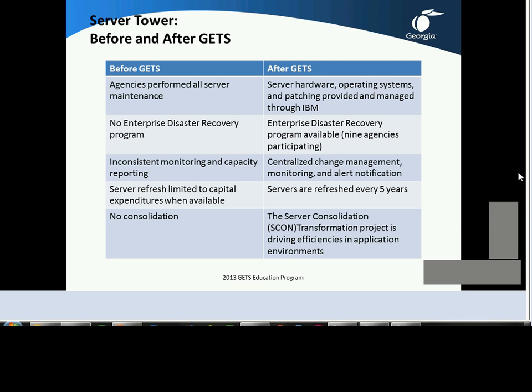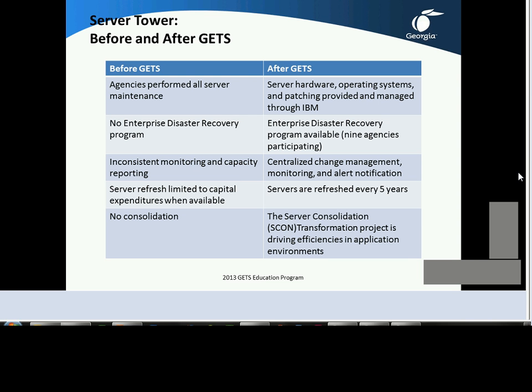Before GETS, there was no enterprise-wide disaster recovery program, and now we do have an enterprise disaster recovery program through GETS, and there are actually 9 agencies that are participating in that. Before GETS, you had inconsistent monitoring or capacity reporting, and through GETS we have centralized change management, monitoring, and alert notification.